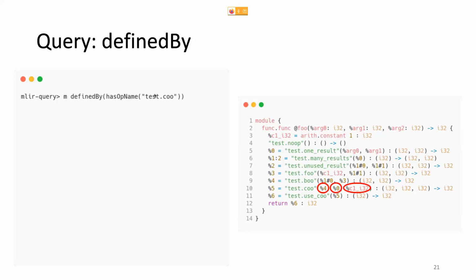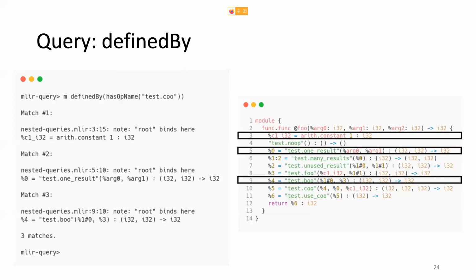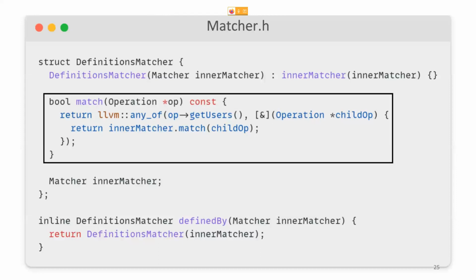The test.q has op name test.q should match this, and it looks at the arguments of test.q, and it jumps one step backward, and then those should be the matches that define test.q in MLIR query. But the problem is to do something like this with a definitions matches struct, we have to go through each operation.